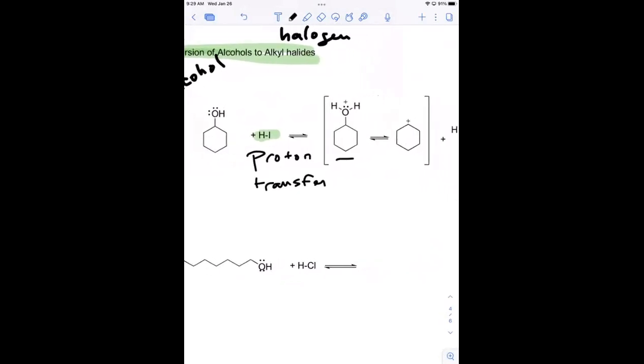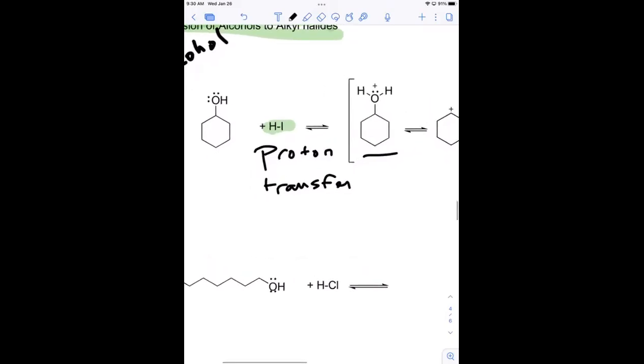What am I doing to the OH in doing that proton transfer? I'm giving it another proton. I also made it into water, which is a much better leaving group than OH by itself. You remember this from part one: the OH is going to attack the acid.